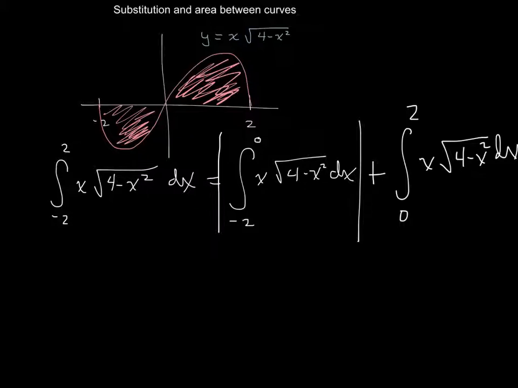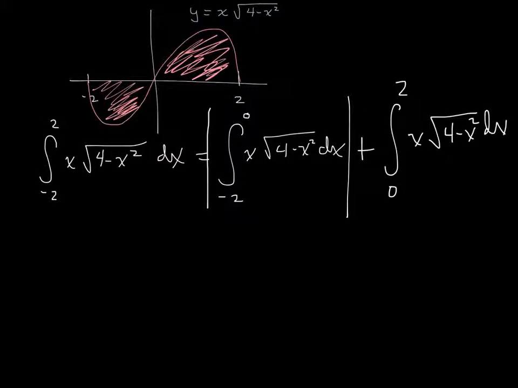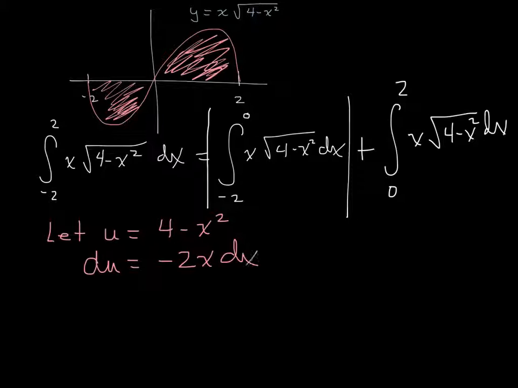Alright, so to do that, let's first do our substitution, where we let u equal what's under that square root, 4 minus x squared. So then du would equal -2x dx.